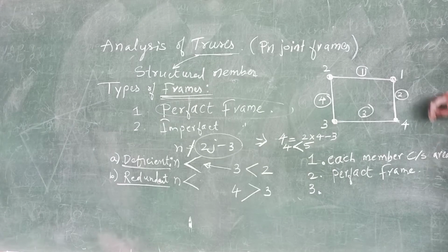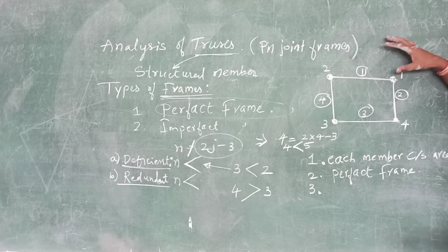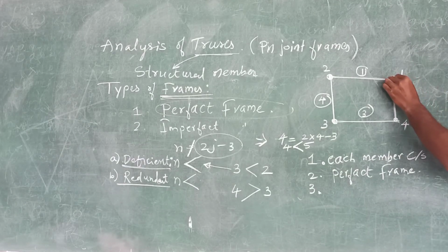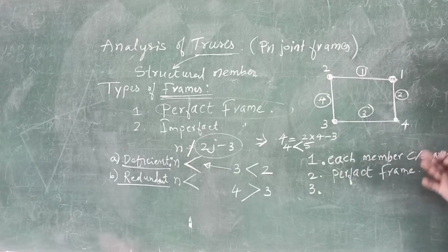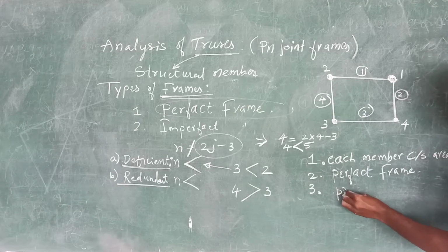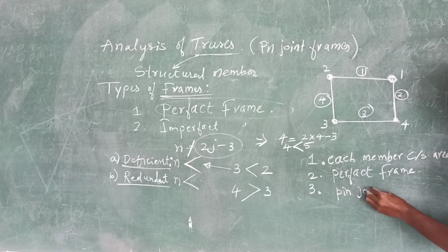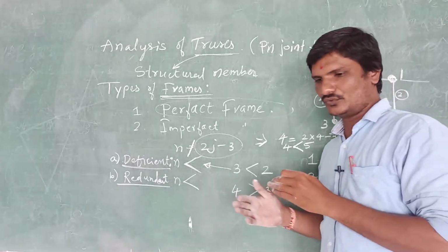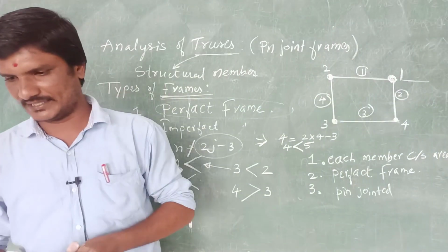Then the third one: each joint is made as a pin joint. As I said, it can be welded or it can be riveted, but let us assume all the joints are pin jointed. And the deformation at each place will be in the x and y direction, so there will be two deformations at each joint.